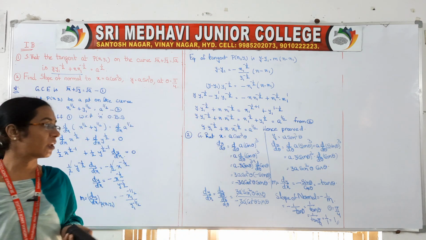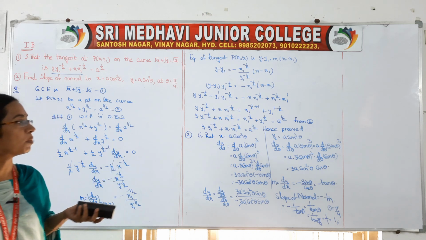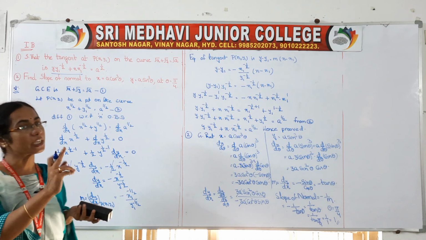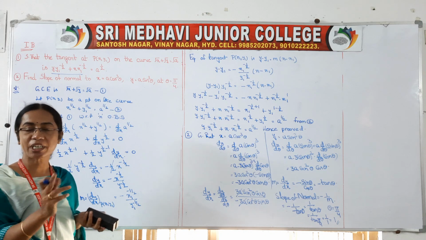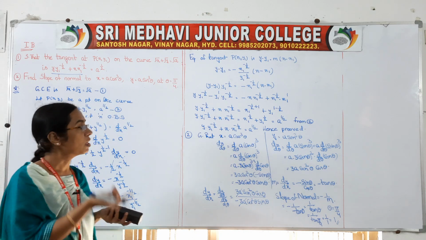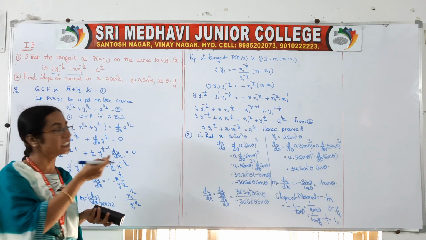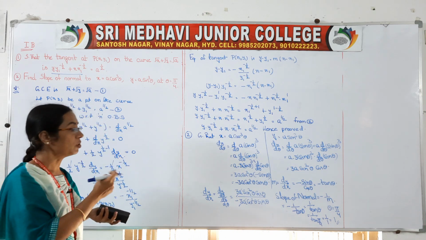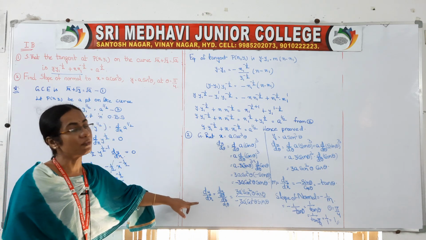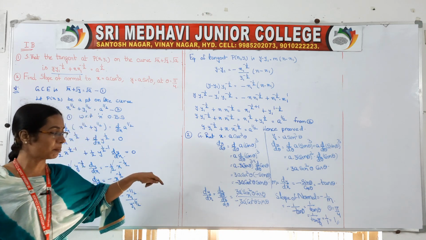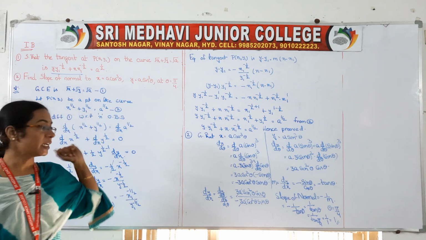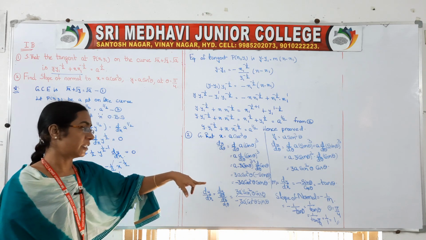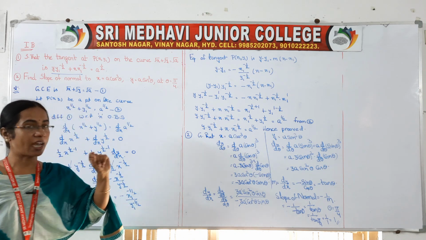Next, you take the slope of the normal. How can we take the slope of the normal? Here two equations are given to you. Parametric differentiation we have to do. First, differentiate x with respect to theta, differentiate y with respect to theta. Then you take dy by dx, that is dy by d theta divided by dx by d theta. Then we will get our m value.